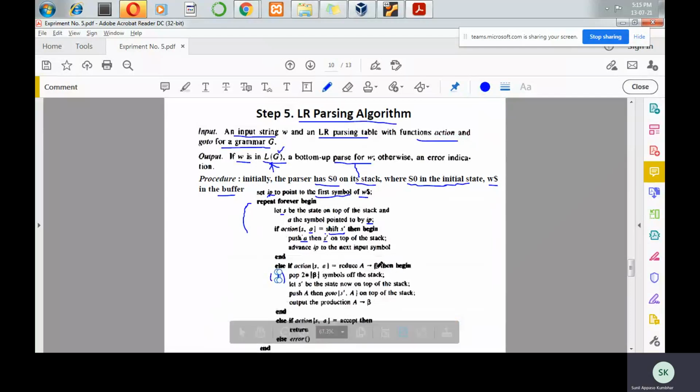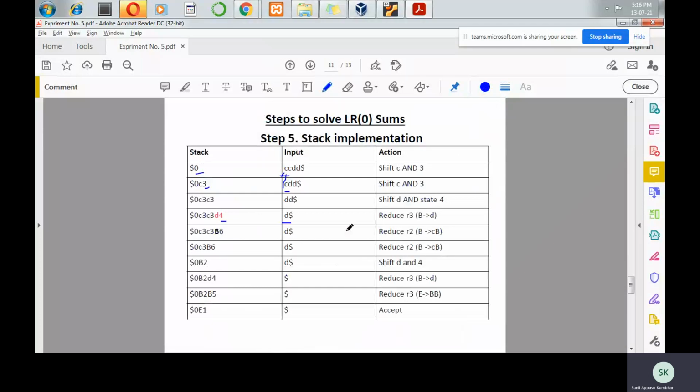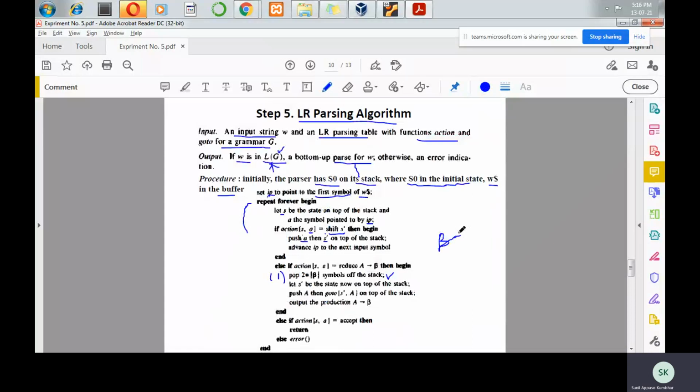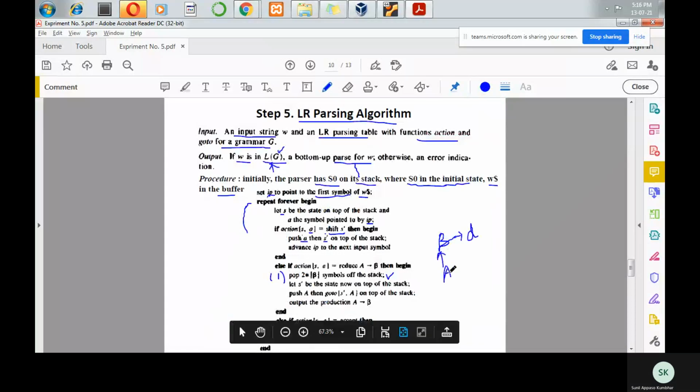So the production is reduce 3, R3 means the third production, B produces D. So here A is nothing but B, and D indicates beta, right?